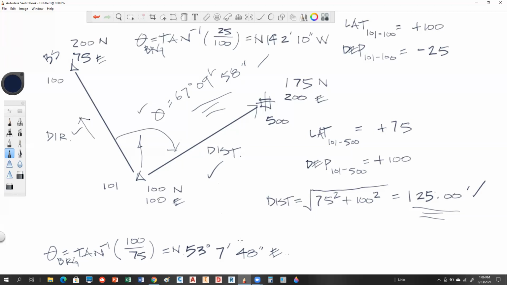If you were backsighting north, that would be true, but that's not going to be the case. You're always going to be backsighting some control mark, something that we've talked about before. Any questions on that? I think that's a good problem. You guys understood that pretty well. No issues?